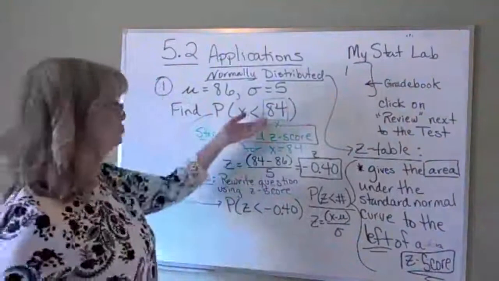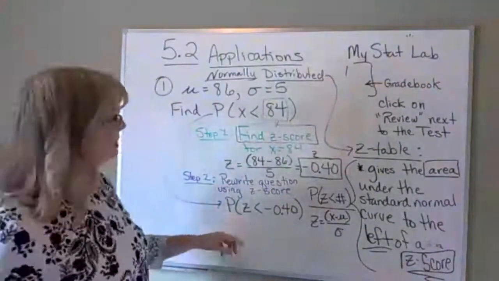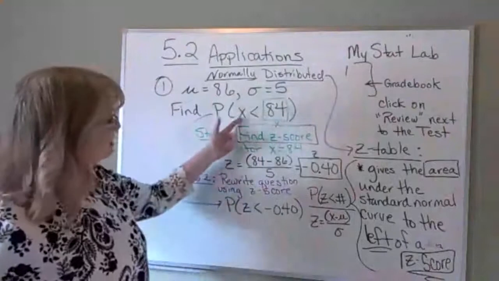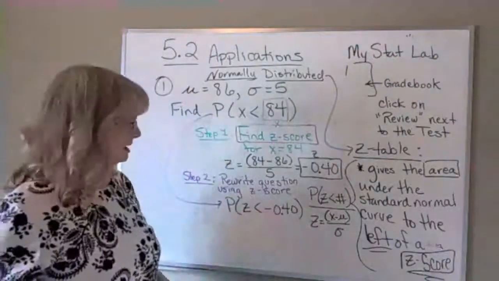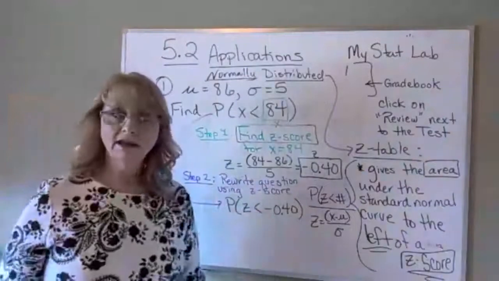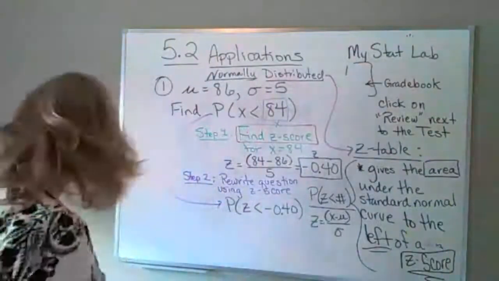So what I did was I just rewrote it, the x changed to z, because I'm changing the data value to a z-score. So that becomes this. Now, this is a 5.1 problem.